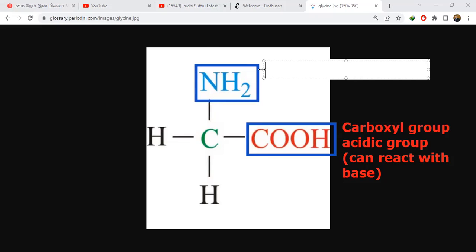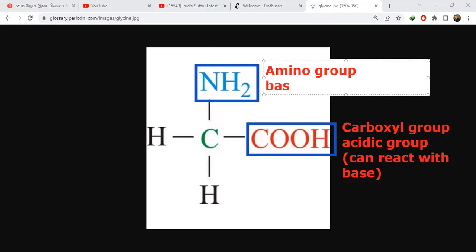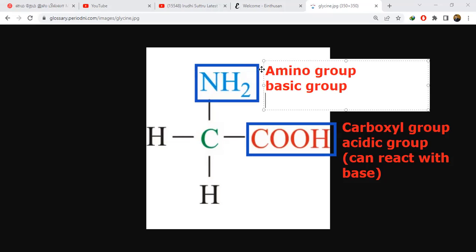Amino group. It is a basic group. Because it is a base, it can react with whom? With acid. Clear?